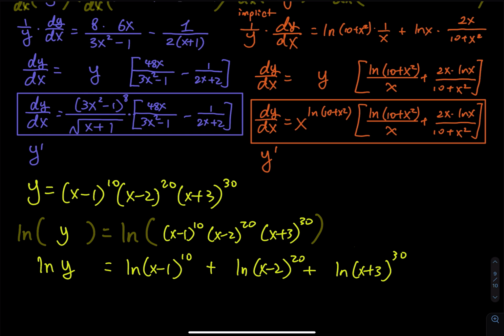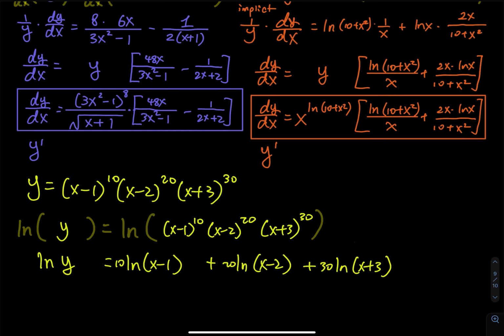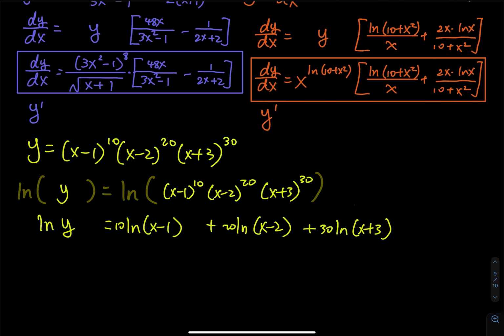I'm going to save a line for myself: I'm going to erase the power and carry it to the front. So this is a 10, this is a 20, this is a 30. Now we do not have any big powers anymore, so we are ready to differentiate both sides with respect to x.